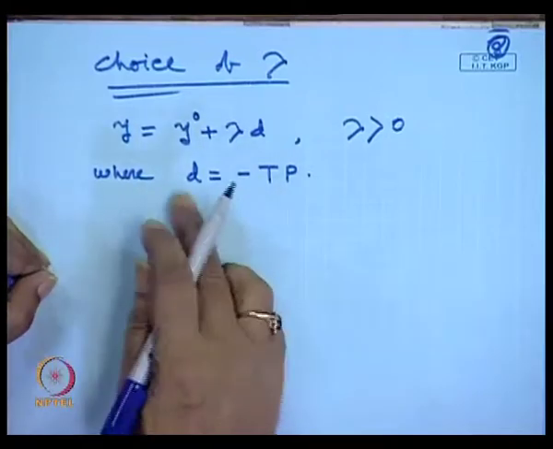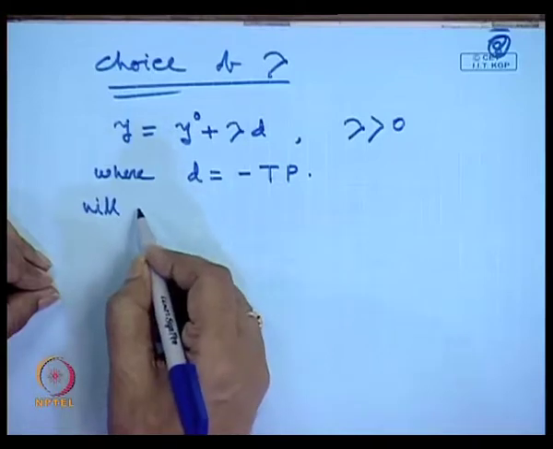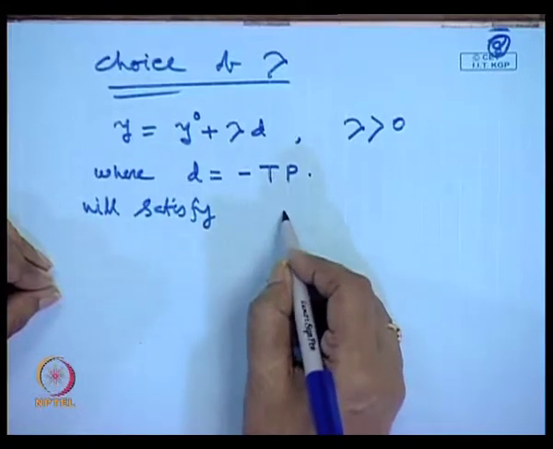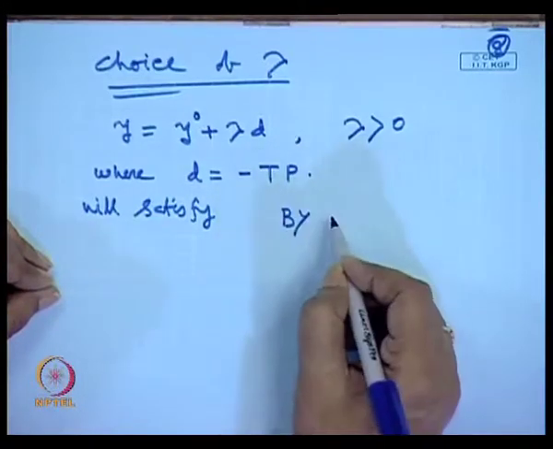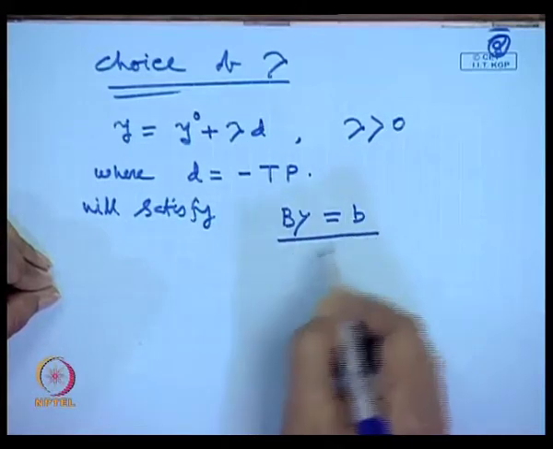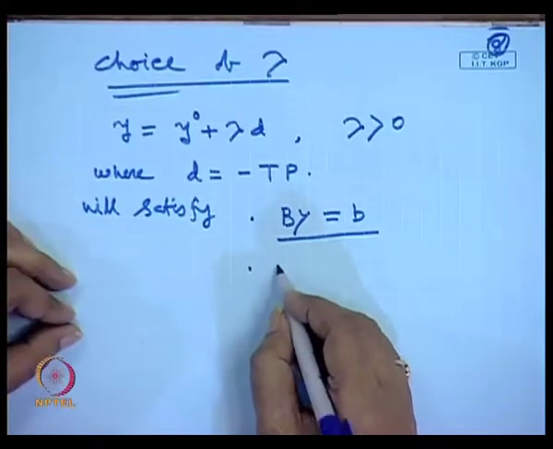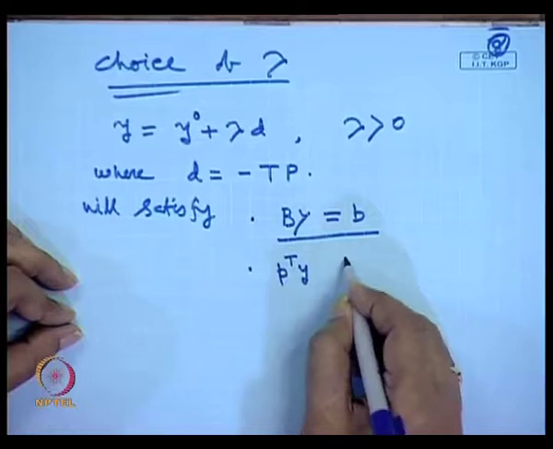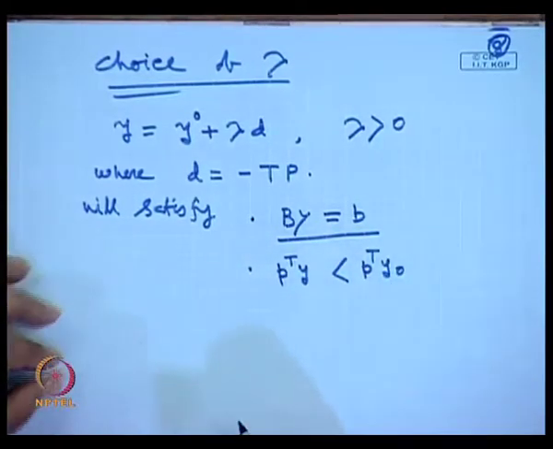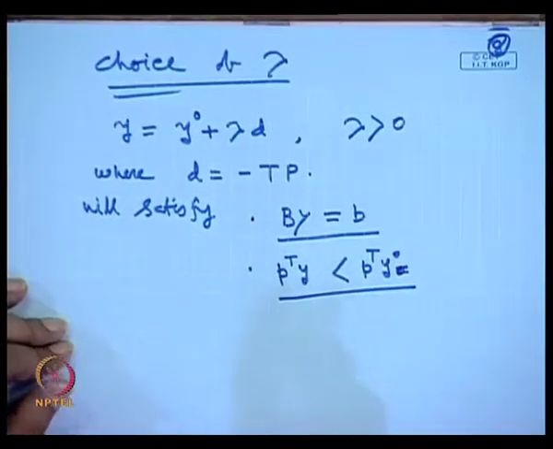This choice will satisfy both the objectives: it will satisfy the equality constraint in the transformed coordinate axis, b y is equal to small b, and it will also satisfy P transpose y less than or equal to P transpose y superscript 0.